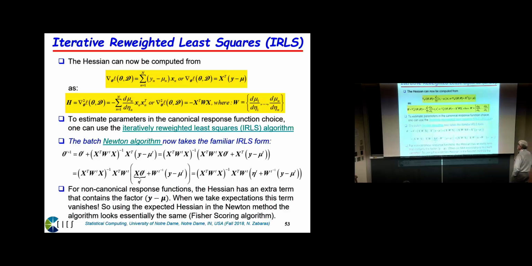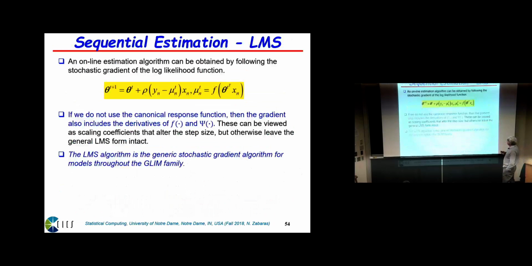Now, if you want to apply this algorithm online, one data point at a time, rather than using all the data points, the algorithm takes an extremely trivial form, one line. This is the predicted mean of the regression function at iteration n, and this is the error that you make.